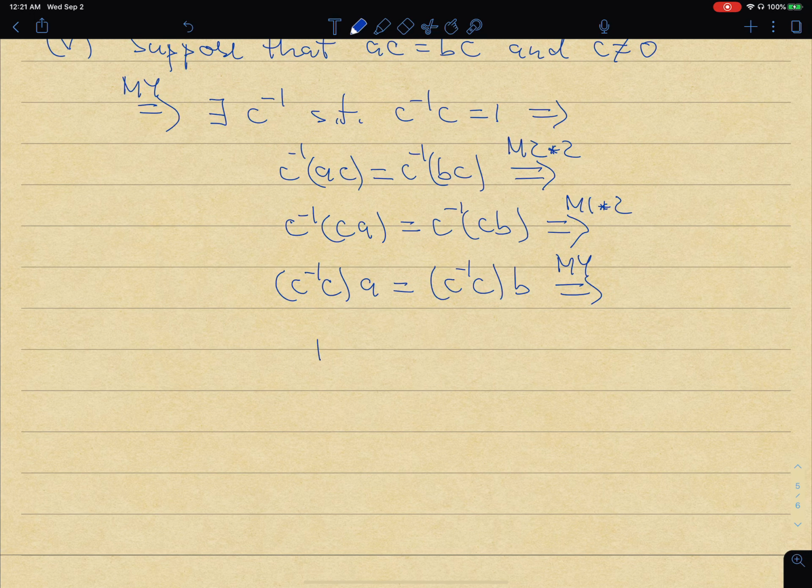So we get 1 times A is equal to 1 times B. And then the property M3 applied twice again will tell me that A is equal to B, because 1 times A is A and 1 times B is B. And that's what I wanted to show. So that property is done.